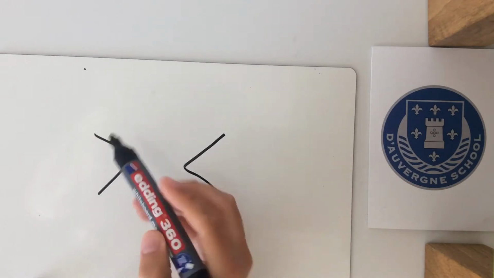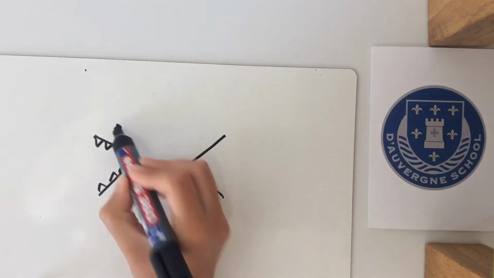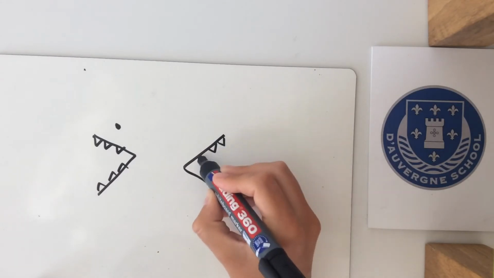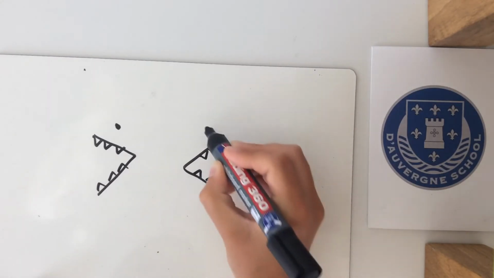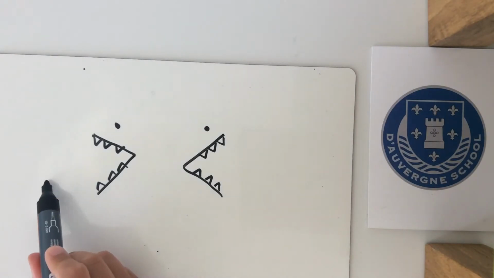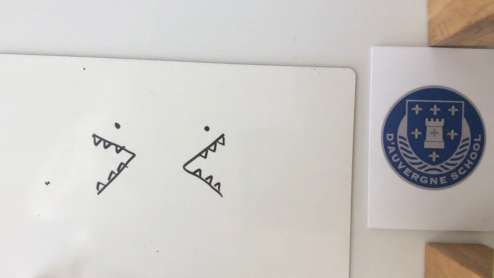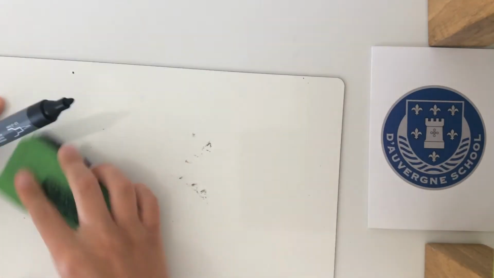Think of them as a crocodile mouth, that might help you remember. The crocodile eats the bigger number, so the bigger number goes on the open mouth side and the smaller number goes behind the crocodile.